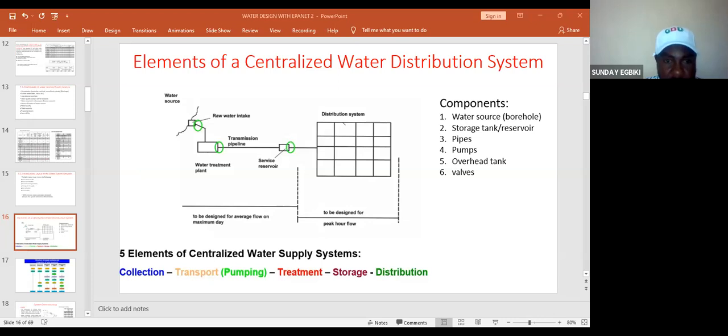If we have, this is a well, this is a borehole, and the water elevation in this tank is, let me say, somewhere here. And we have another borehole, and we go like this. We have this, and the water level in the tank.